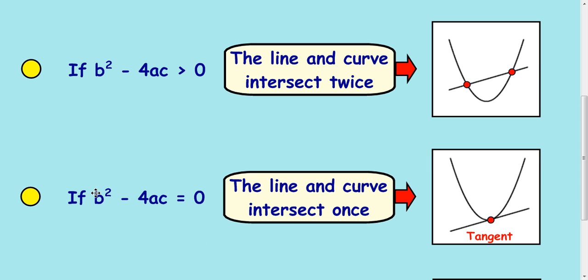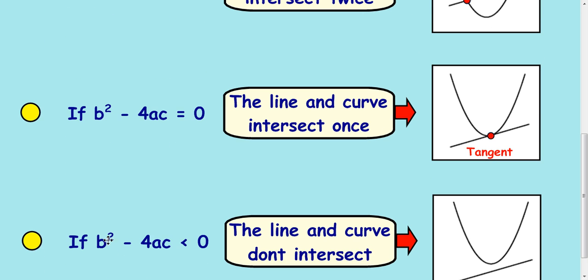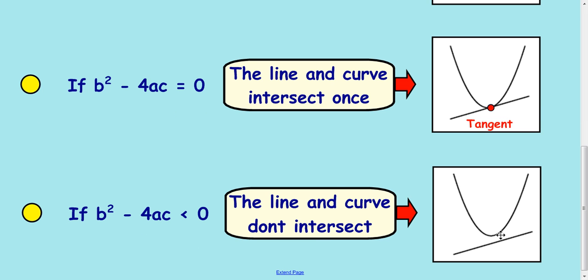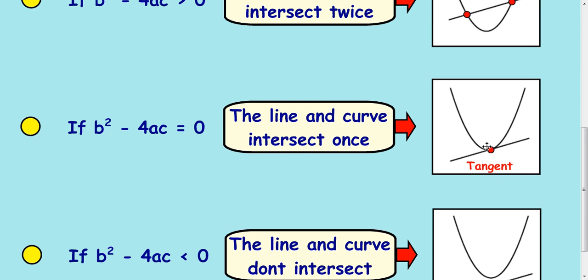If the discriminant equals 0, then just as the parabola touches the x-axis once, the line will touch the curve once, which is the situation where a tangent arises. And if b squared minus 4ac is less than 0, then the line and the curve don't intersect at all. So we can use this fact to find out if the line's a tangent to the parabola.